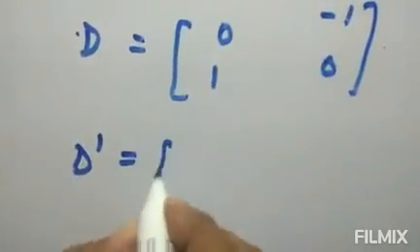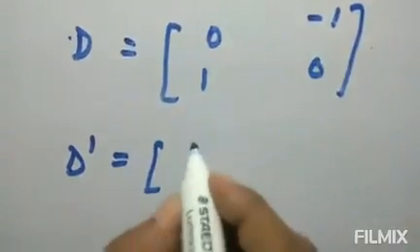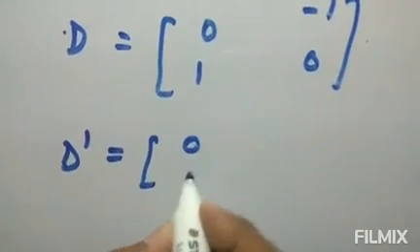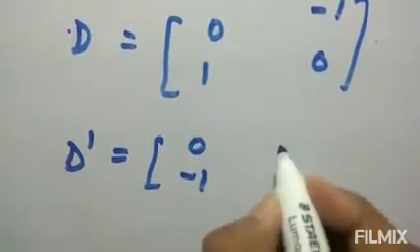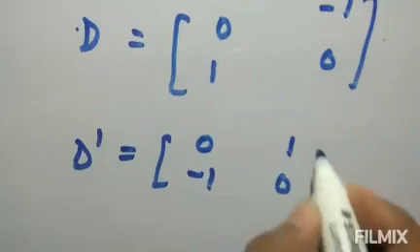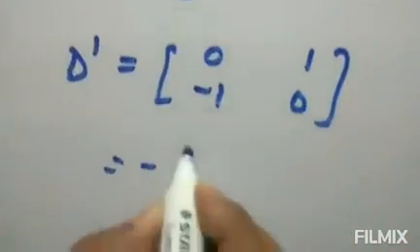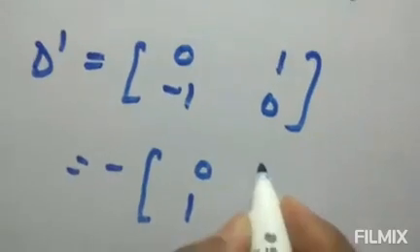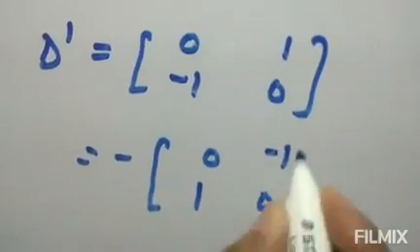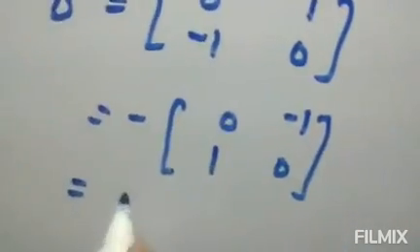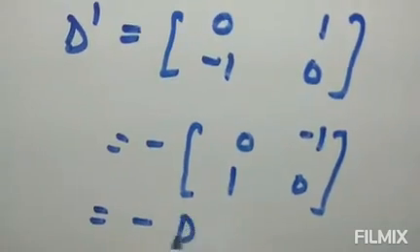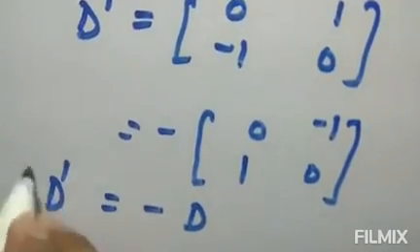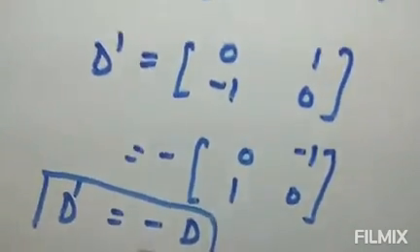D dash means D transpose. Converting rows to columns, the first row is 0, -1, and the second row is 1, 0. Taking the minus sign out, 0, 1, -1, 0. It means it is a minus D, so D dash equals minus D.